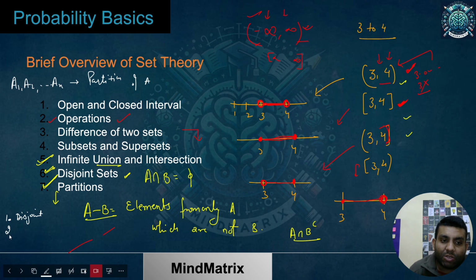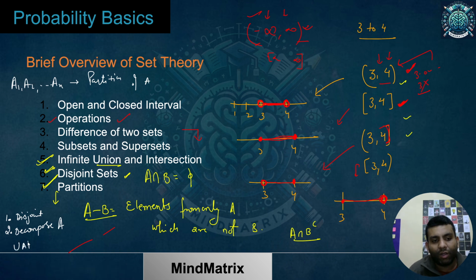The second must be, they must decompose A. That means basically, if you take a union of all Ai, starting from i equals 1 to n, this is representing union of Ai. What is this? A1 union A2 union up to An must be A. That means, what is a partition?